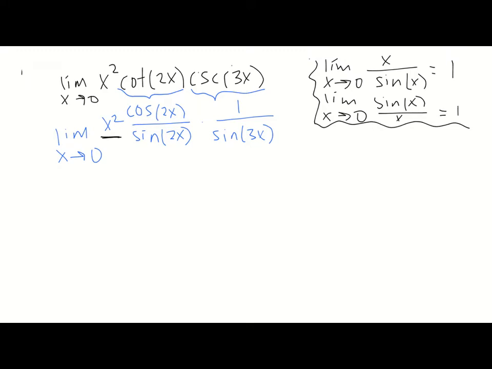But what really needs to happen is whatever the argument of the sine is needs to match exactly with what's on the other side of the fraction. Same thing in this case, whatever is within the sine needs to be exactly what's on the opposite side of the fraction.